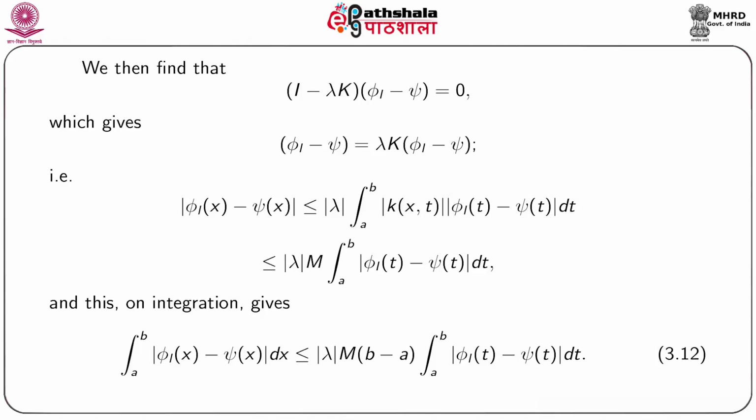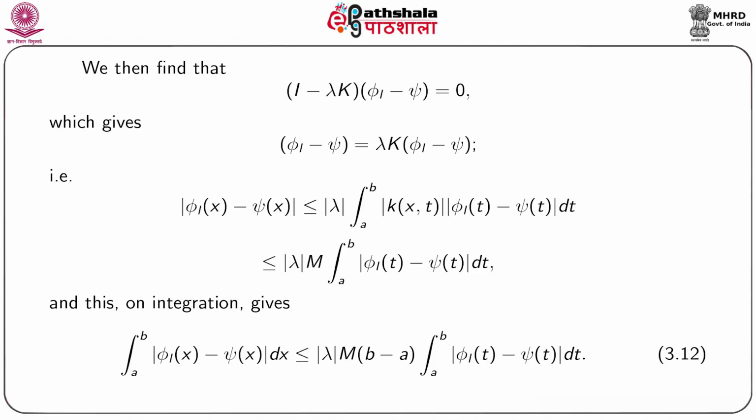We then find that phi L x minus psi x satisfy the homogeneous form of the given integral equation, because phi L x satisfies the given integral equation as well as psi x also satisfies the given integral equation.